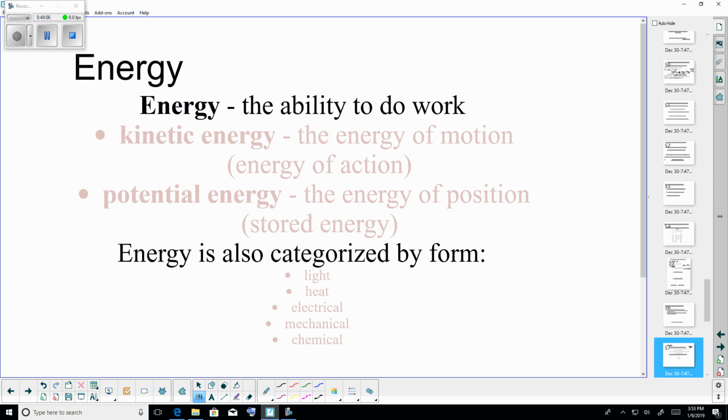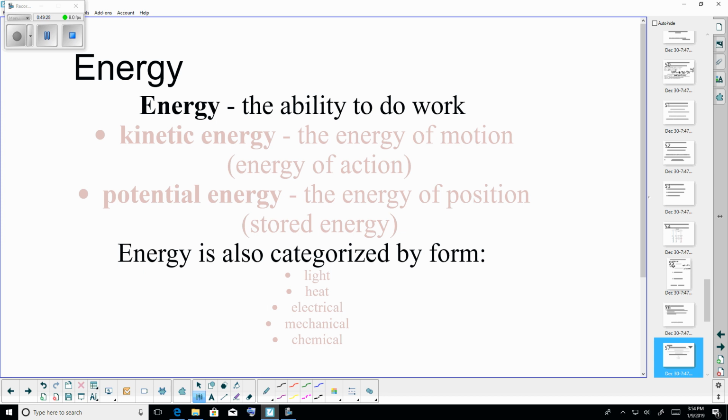Okay. So potential is stored energy. We also categorize energy by its form: light, heat, electrical, mechanical, and chemical. The law of conservation of energy says energy cannot be created or destroyed, merely changed in form.